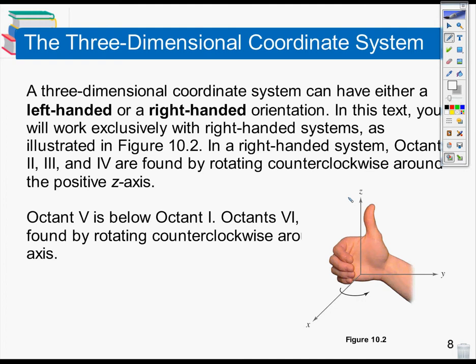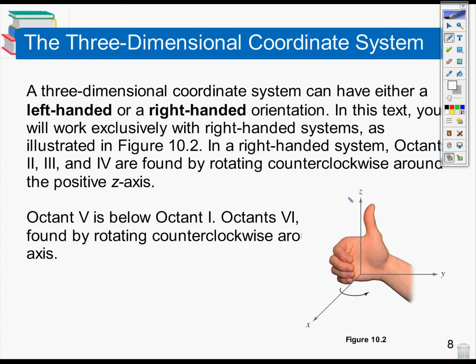We had quadrants in 2 dimensions, but by splitting into 3 dimensions, now we have 4 on the top, 4 on the bottom. So we have these 8 octants. And how we're going to look at them exclusively is in a right-handed sort of way.